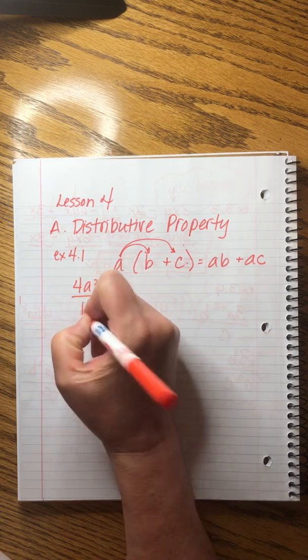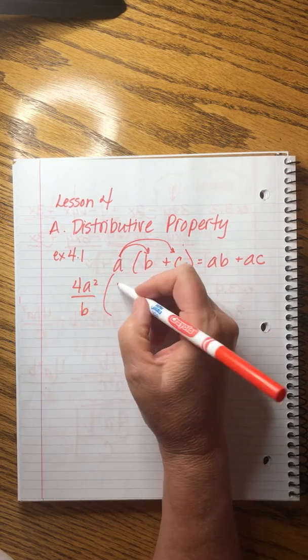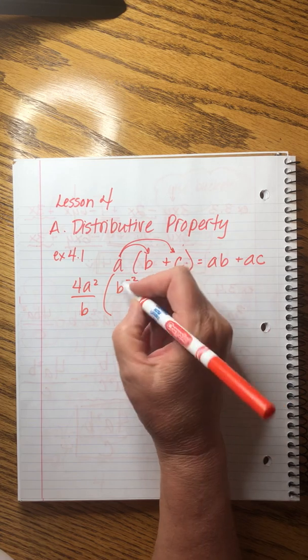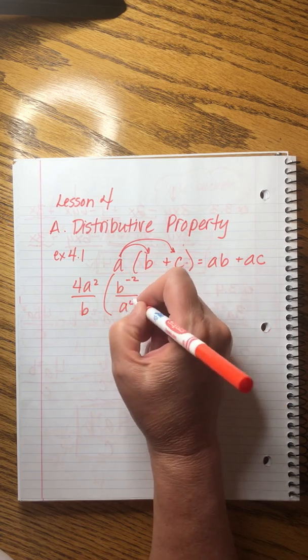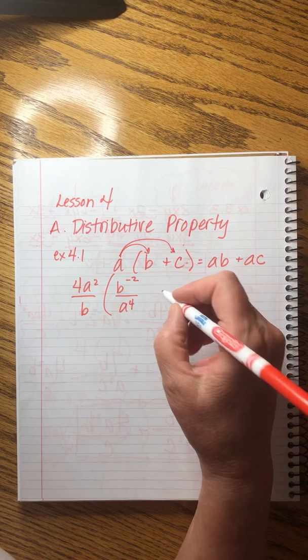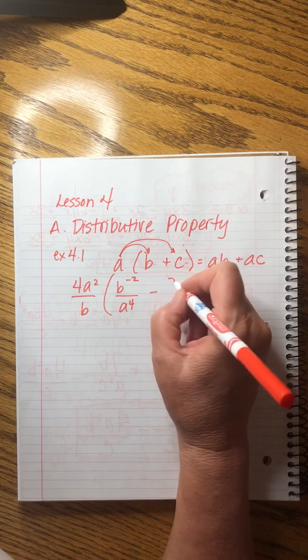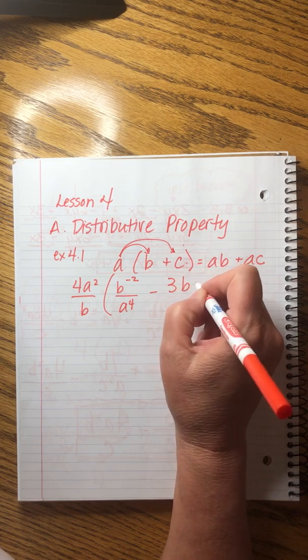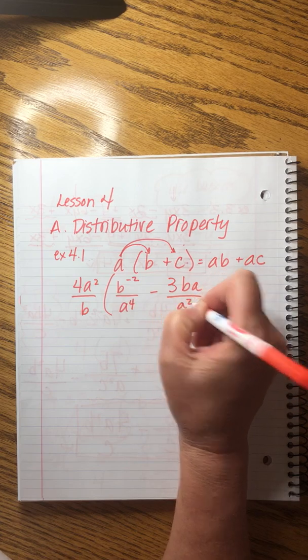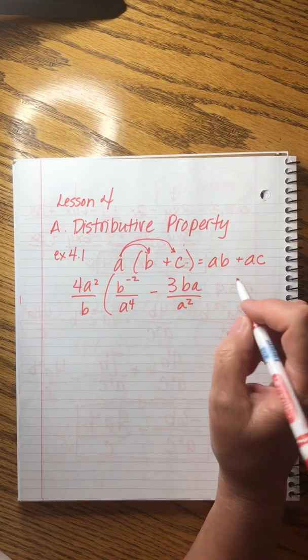4a squared b. Okay, I copied this just the way John wrote it in the book.